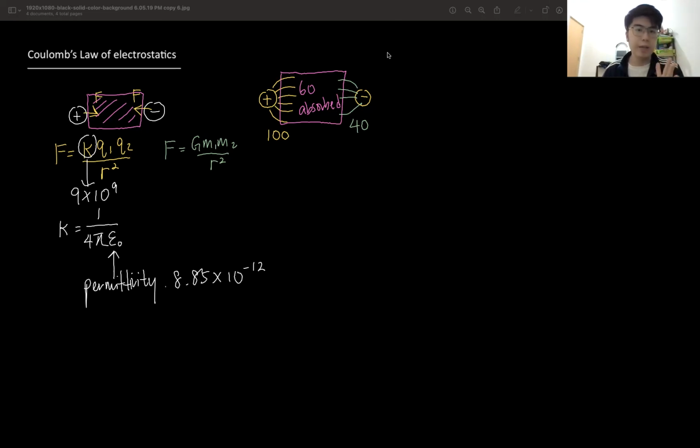So if you think about it like that, more permittivity means what? More permittivity means less force. Different media have different permittivity. If you have a medium that has more permittivity, then the force is going to be less.